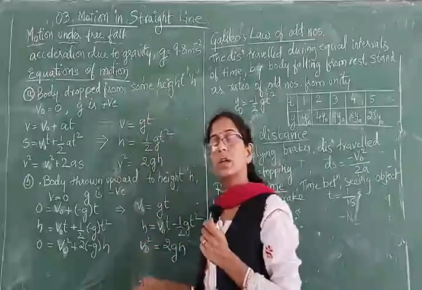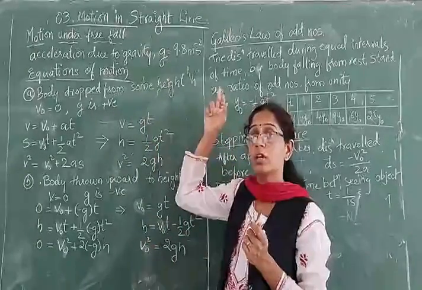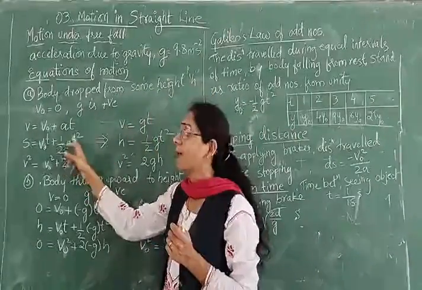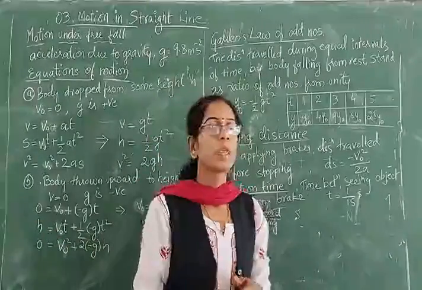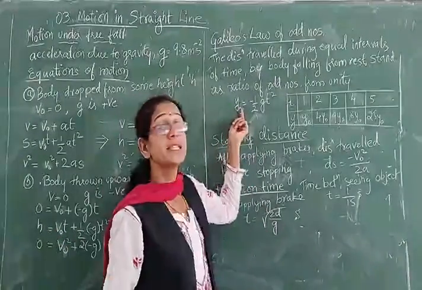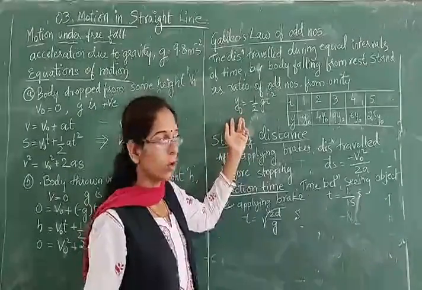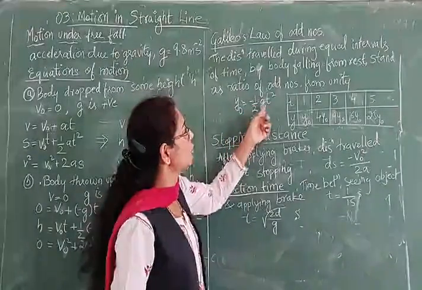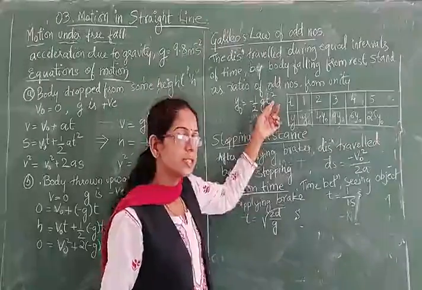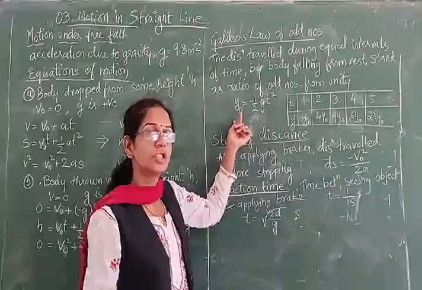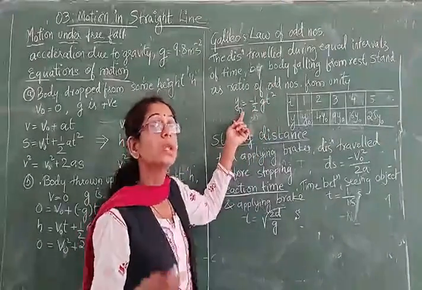This is all we have learned about freely falling bodies. So half of minus gt square. Thus the displacement occurred by the object will be denoted by y is equal to minus half of gt square. Now we will see how the displacement of the object changes with time.